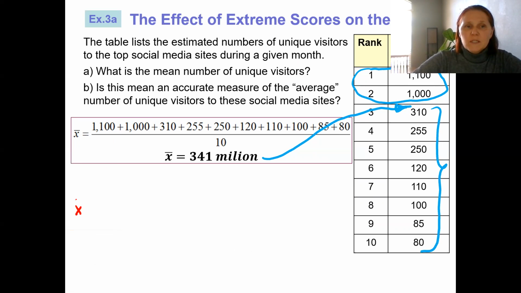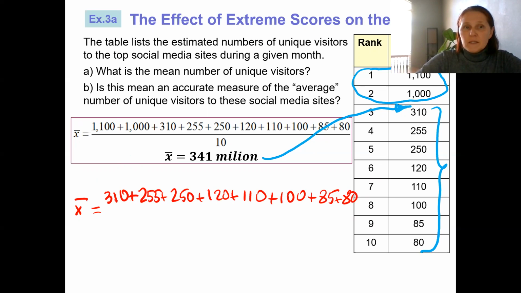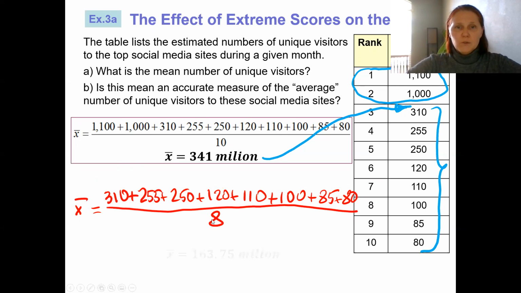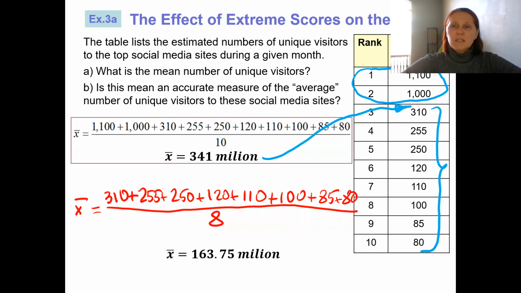Maybe you want to consider only the 8 values that are relatively close to each other. 310 plus 255 plus 250 plus 120. This time we have only 8 values, so to find the mean we divide by 8, and the new mean is 163.75 million. It represents these 8 values better.